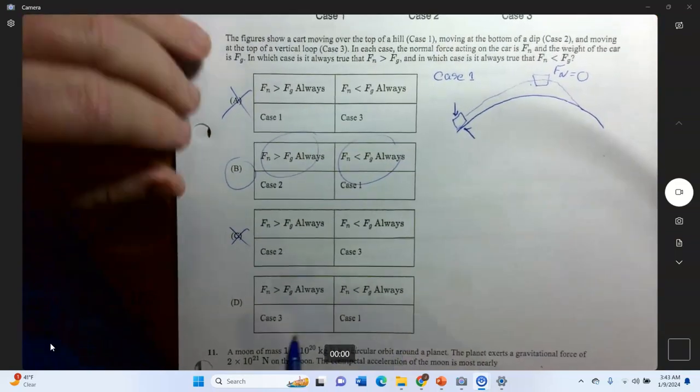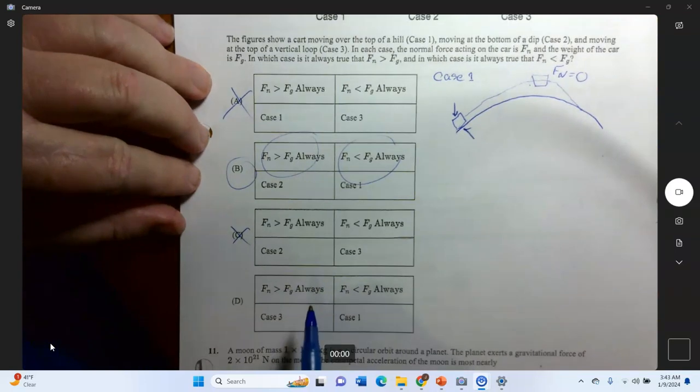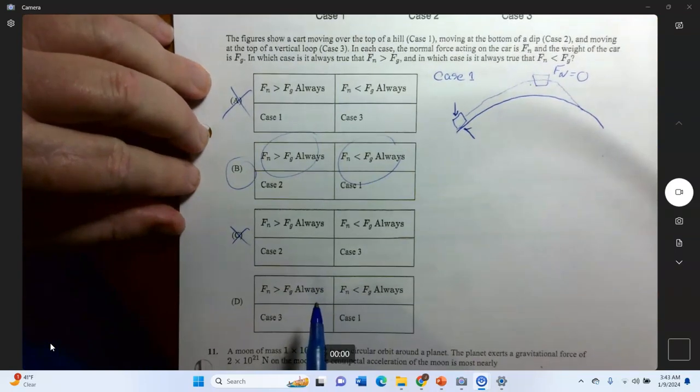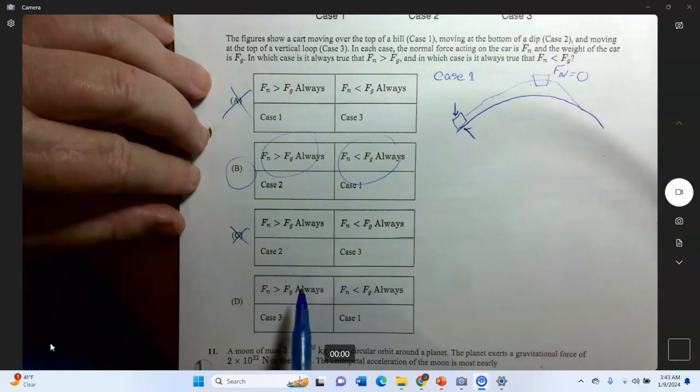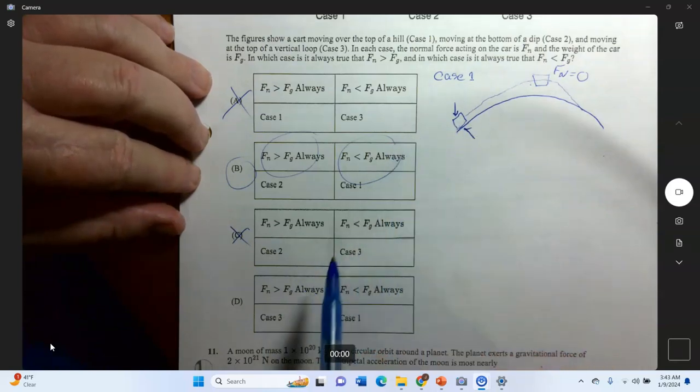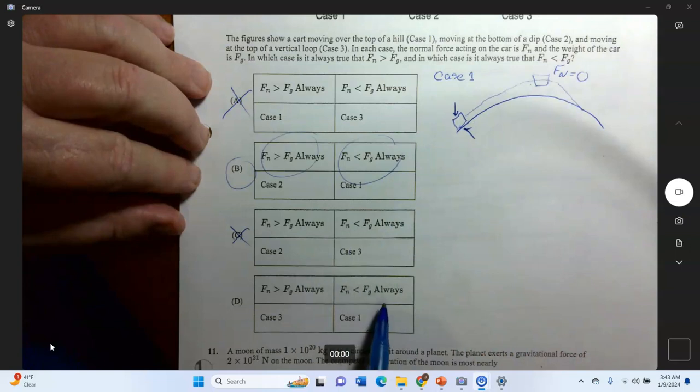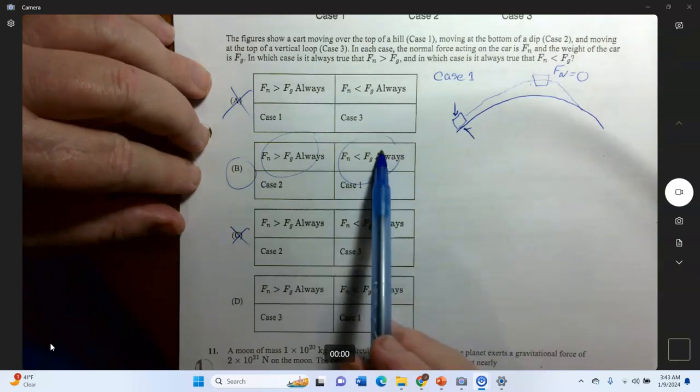And finally, Fn is greater than Fg always in case 3. And again, the normal force is greater than the gravitational force always. Again, not necessarily. Okay, so Fn is less than Fg always in case 1. Okay, we said that was true up here.